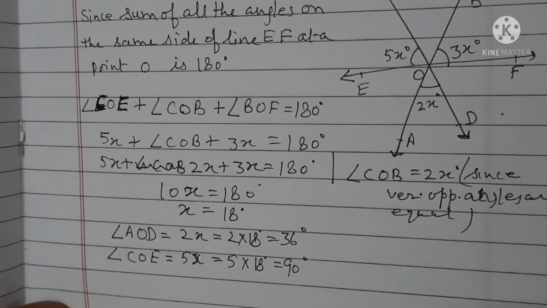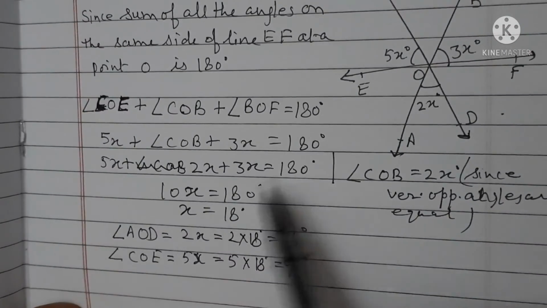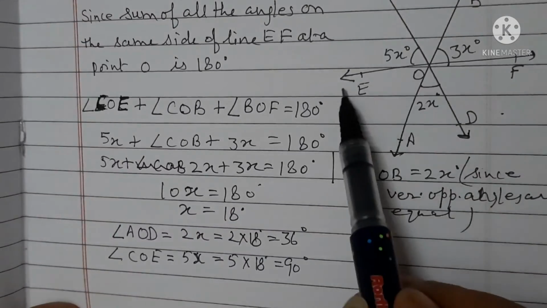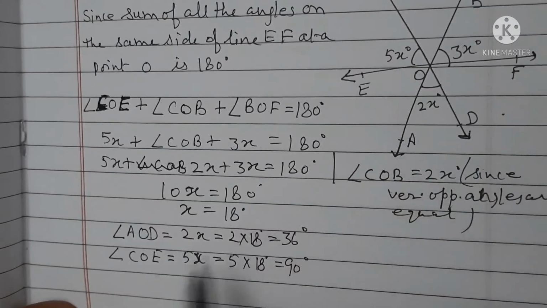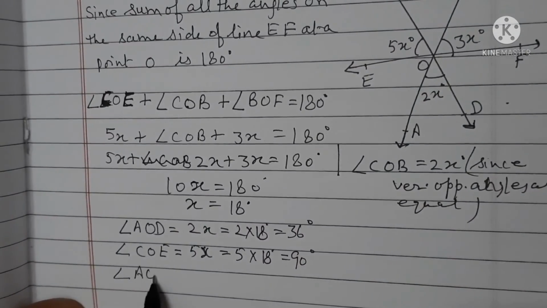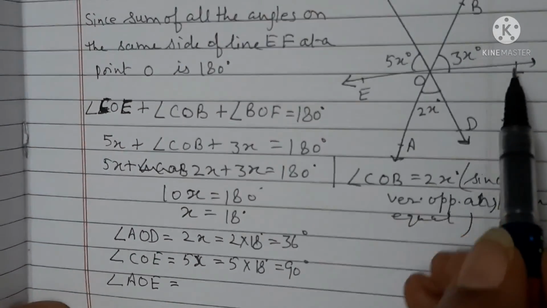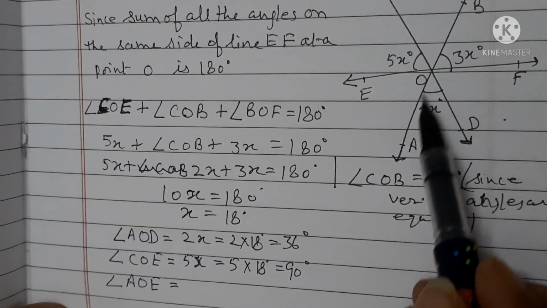And you will get the three angles. Substitute the value of x. Now these are the two angles, AOD and COE. One more angle we have to find, angle AOE. Angle AOE is equal to which angle? Angle BOF. Both are vertically opposite angles.